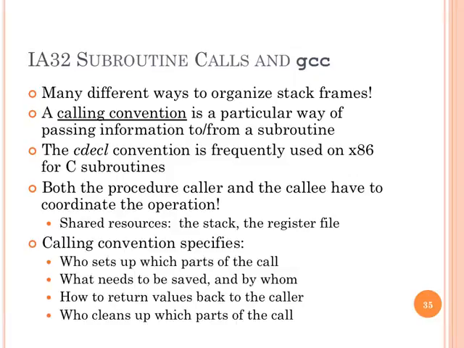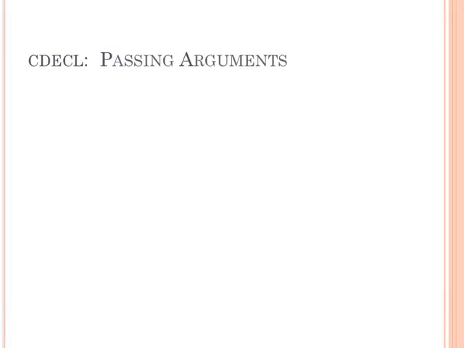But in general, we don't have that facility available to us, so we have to be careful about what we stomp on. Okay, so the calling convention specifies these things. Who sets up which parts of the call, what needs to be saved, who saves it, and how to return values back to the caller, and then who cleans things up. Okay, these are all aspects of the calling convention.